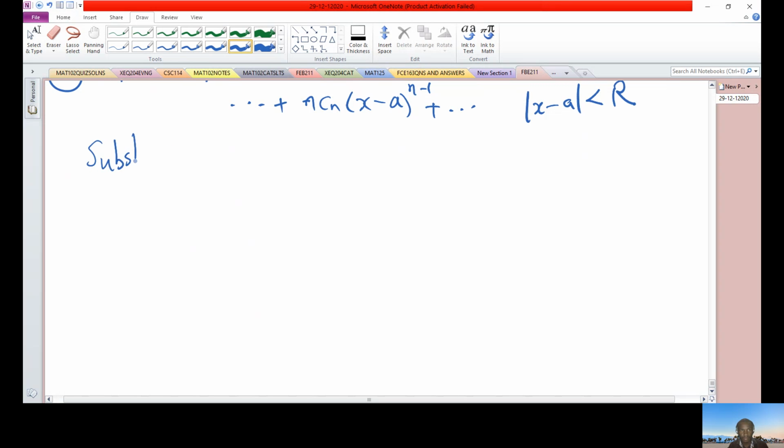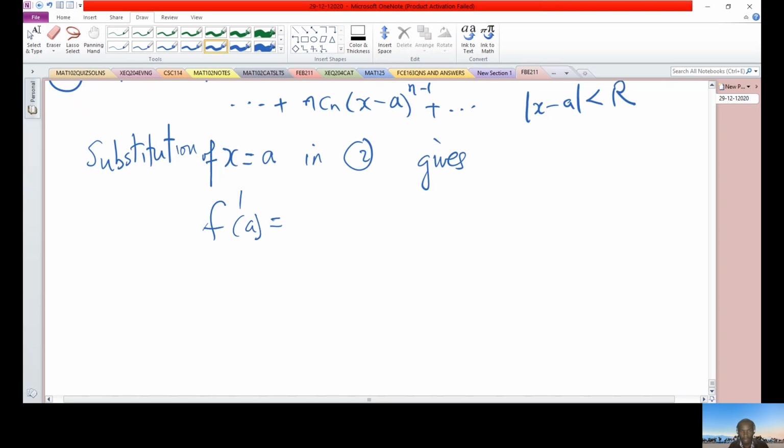Substituting x equals a in 2 gives f prime of a equals c1.